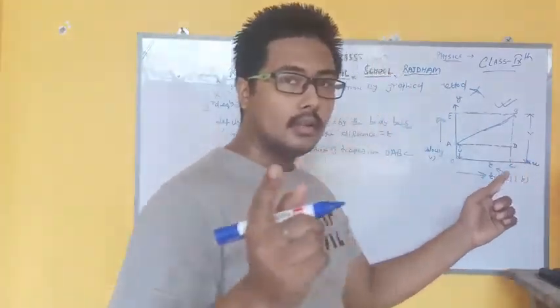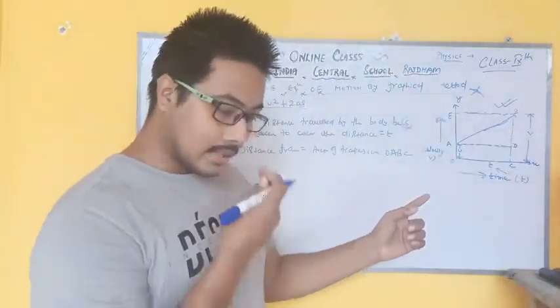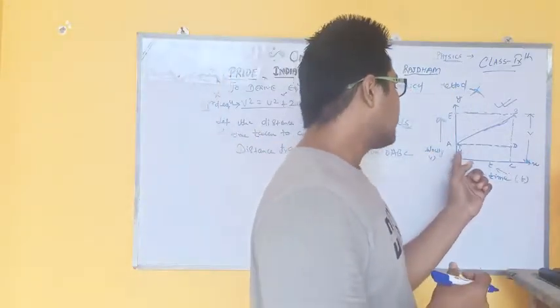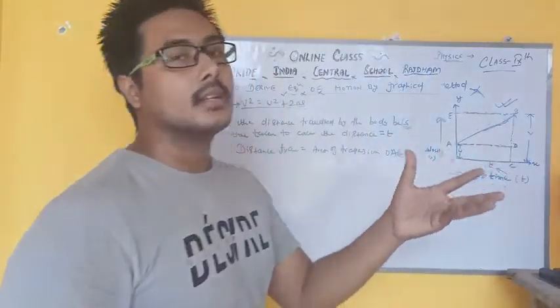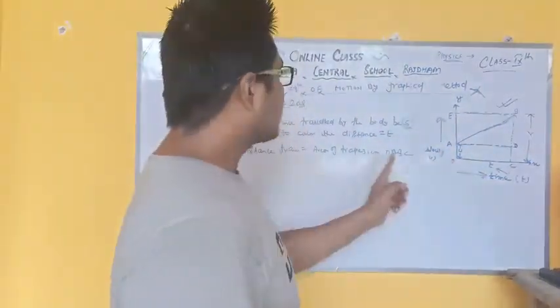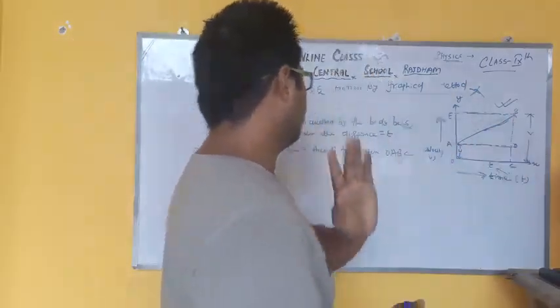You might have studied in your mathematics, or you will study in the coming classes, I think in class 9, about all these circles, quadrilaterals, trapeziums. So distance traveled is nothing but area of trapezium OABC.